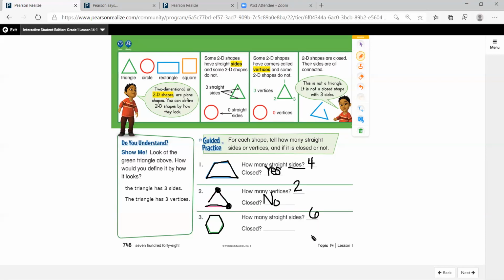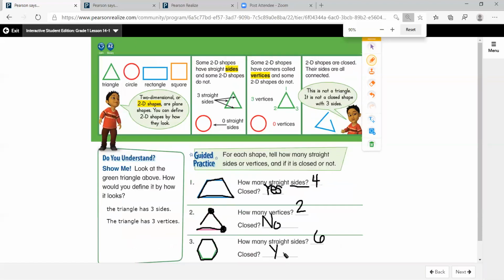Is this a closed shape? Think your answer. Say your answer. Yes. If we trace the hexagon, we return to our starting point. There are no spaces or openings in this shape.